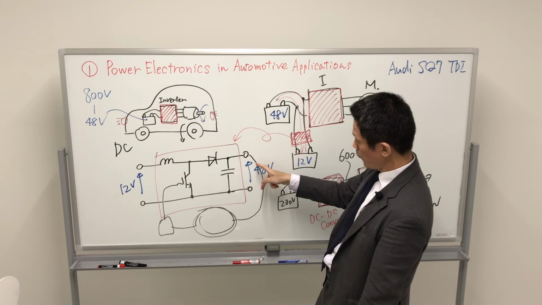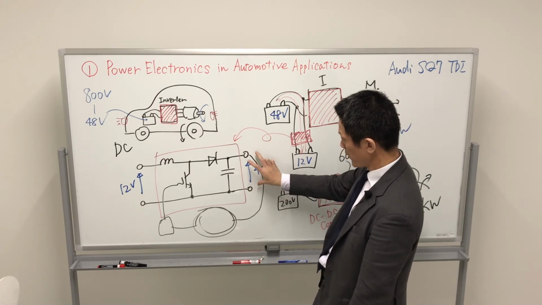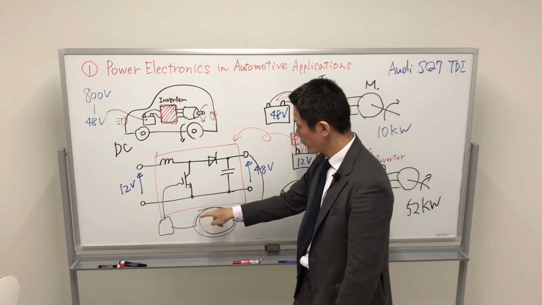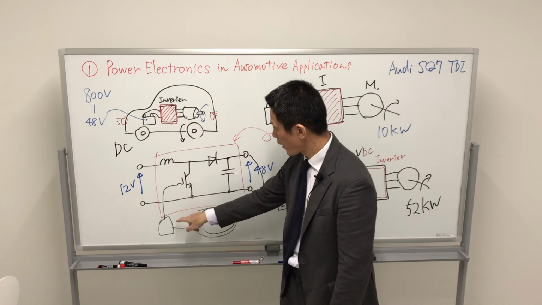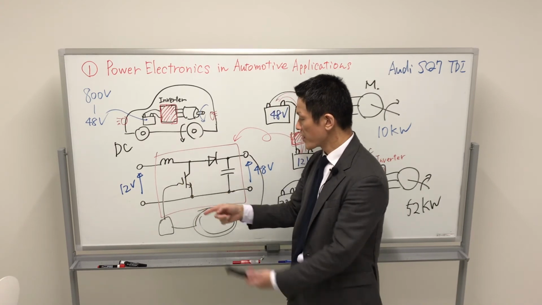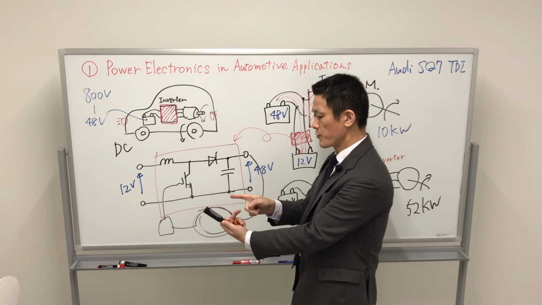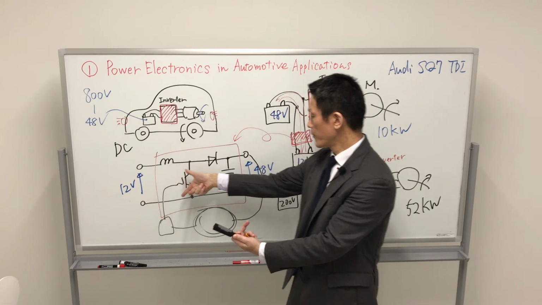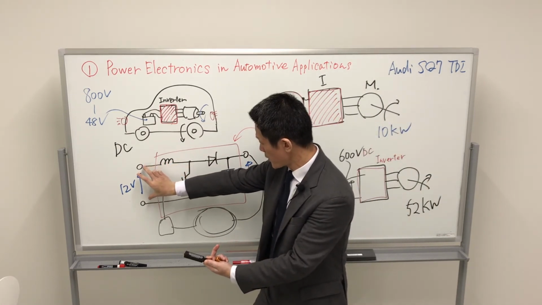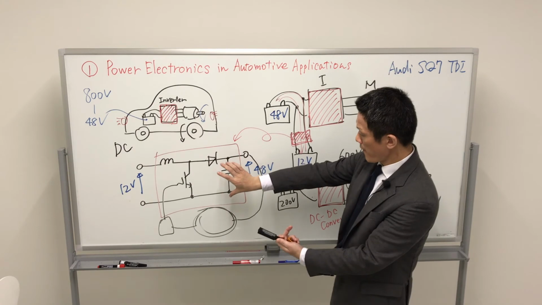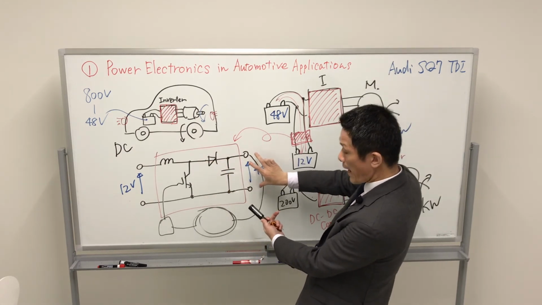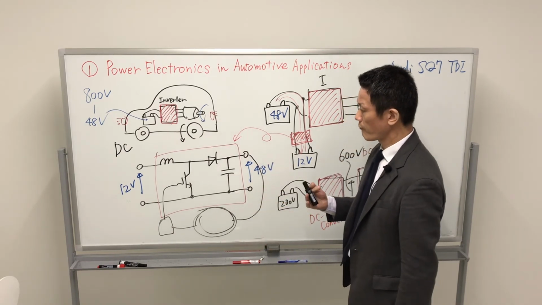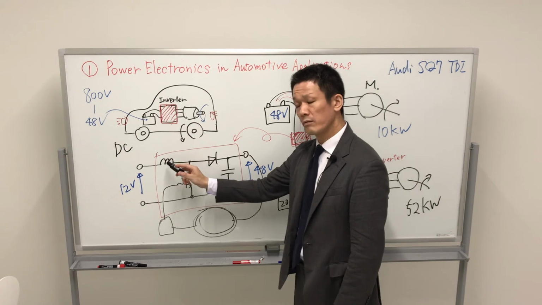So if you want to obtain 48 volts, we must sense, calculate, and drive and switch the power semiconductor. If you switch the input side voltage, a higher voltage will occur at the output terminal because of Faraday's law of the inductor.